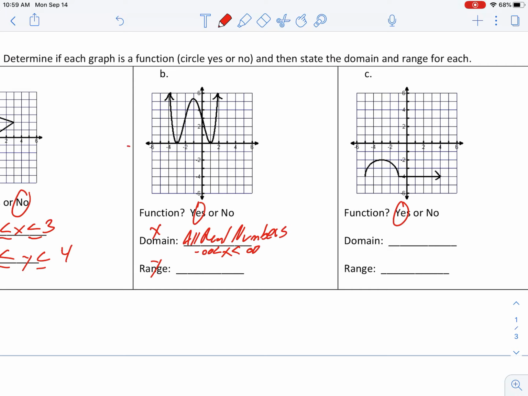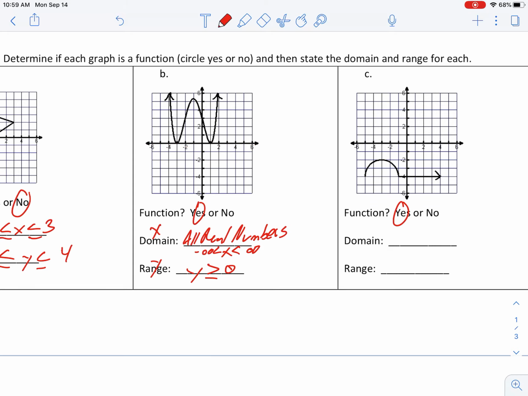The range is the y's. I'm looking for floors and ceilings. I have a floor. It looks like I have a ceiling, but because this arrow pushes right through there, it continues up, up, up, and up. Now the floor is still there, and the floor says I want everything above 0. So to say everything above 0 is greater than, and I'm going to use also an or equal to underneath there, because right here where the graph starts, those are all solid.